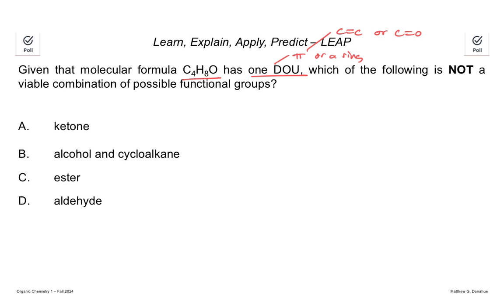So which of the following is not a viable combination of functional groups that could be in that molecular formula? I think I heard C. Why is C not?